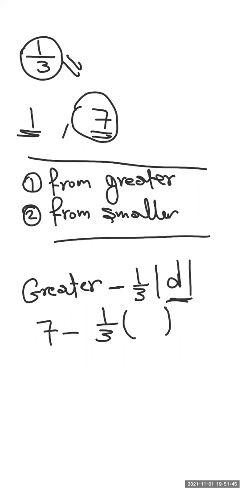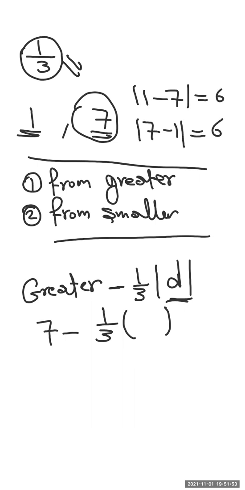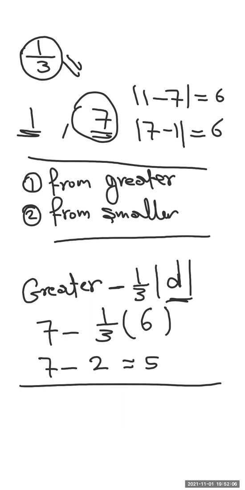The distance between these two numbers is 1 minus 7 as absolute value, which is 6, or even 7 minus 1, the same, also 6. So times 6. Now 7 minus 2 will equal 5. That's the first requirement, from the side of the greater.